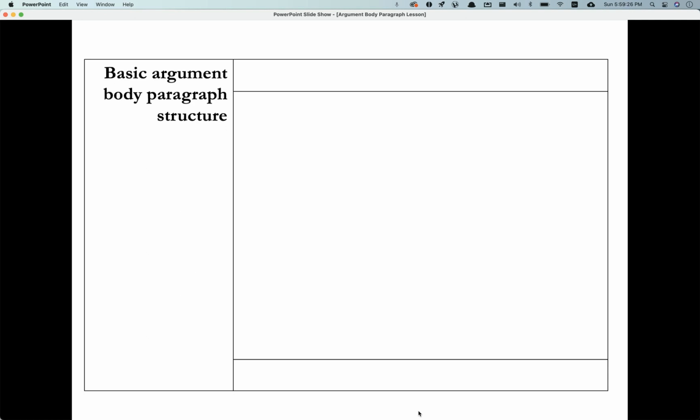So, jumping in here, the structure of the most basic argument body paragraph will follow this general sequence of ideas. We'll start with a topic sentence. Now, depending on the prompt, your topic sentence might be based on evidence, or it might be based on subclaims, in the same way that the thesis statement is going to be based either on evidence or subclaims.